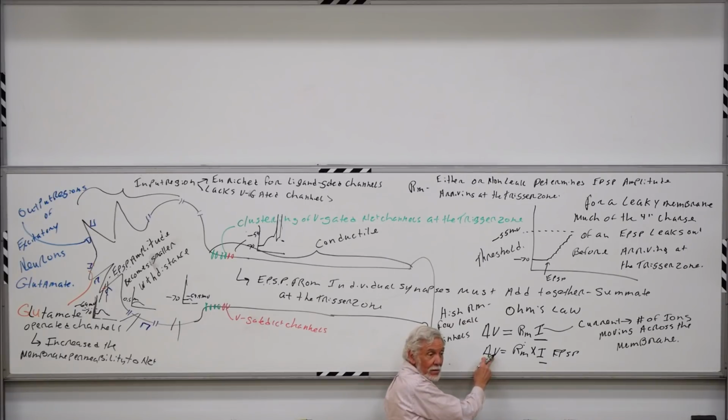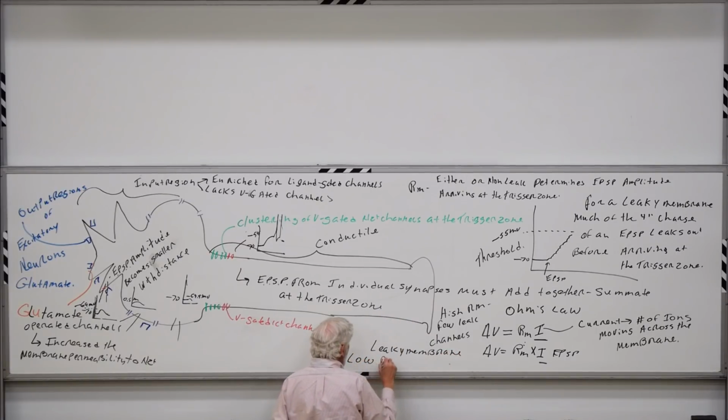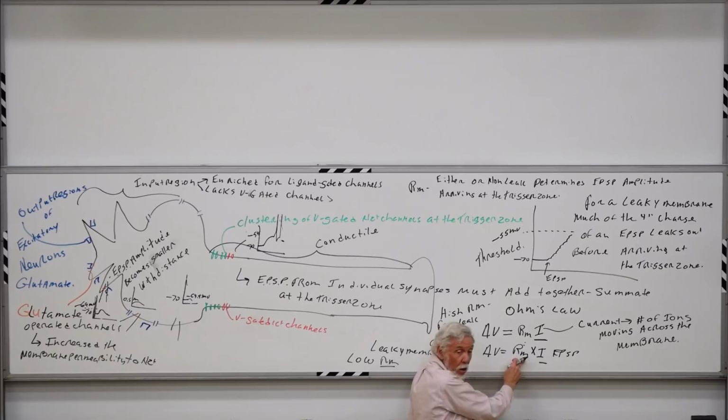It's big. If now we say this is a really, really leaky membrane, a leaky membrane has a low R sub m. So if this number is small and this number is fixed, what's it say about our delta V?